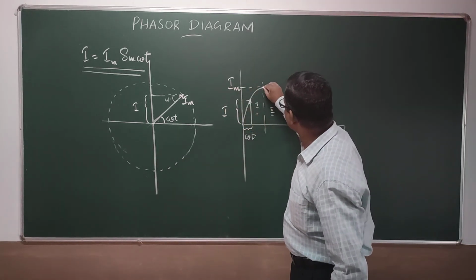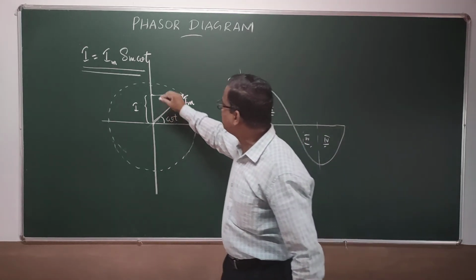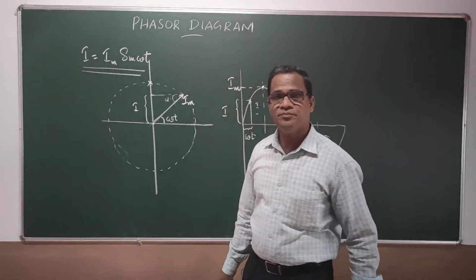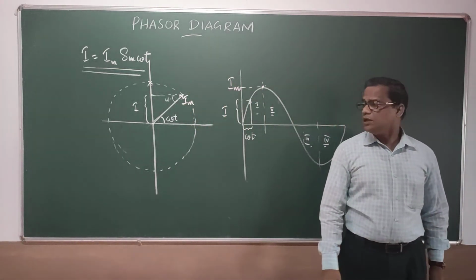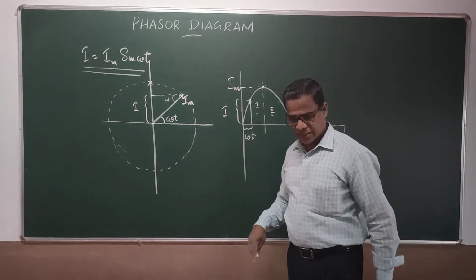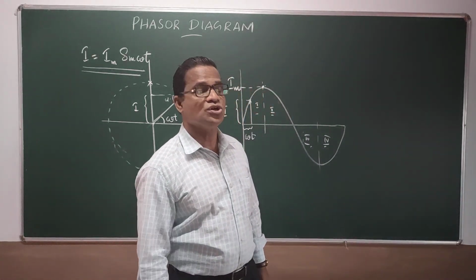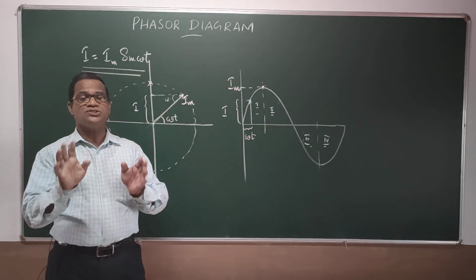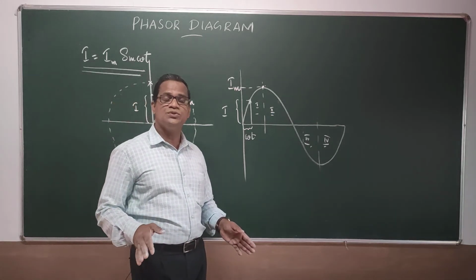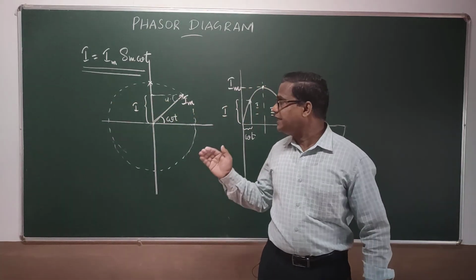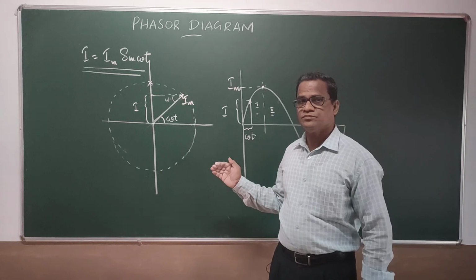When it comes to this particular point, you get the peak value. So like this, you can represent the instantaneous values of alternating current and voltage using a phasor diagram. Okay.